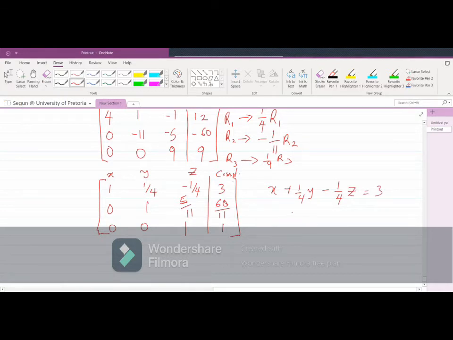Then y plus 5 over 11 z equals 60 over 11. Then the last one is z equals 1. So you can solve it and get your x, y, z. Those who did it got it right. If you did it very well, your x will be 2, your y will be 5, and your z will be 1. Any question?